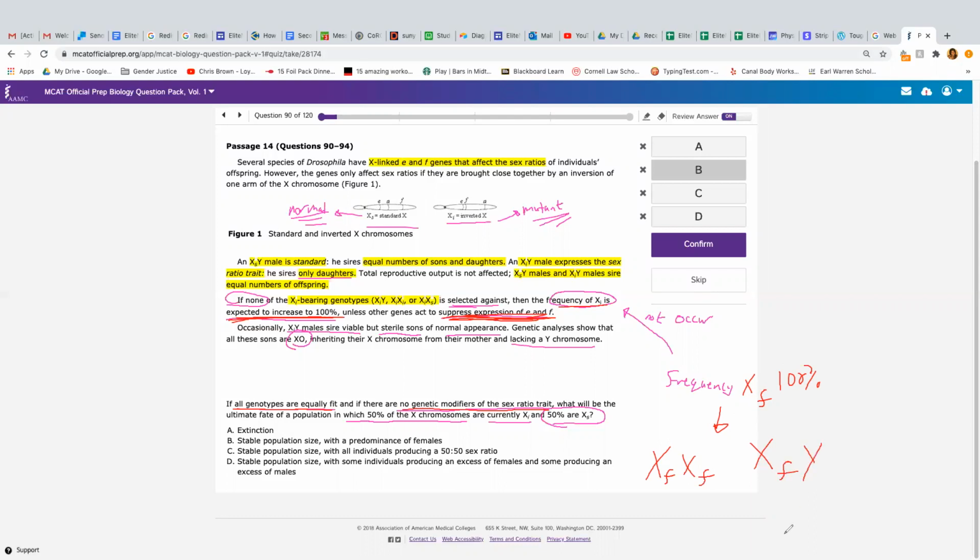Interesting. So let's look at the question, and it's asking us basically what's going to happen to our population stability. So we look here and we say, okay, these females, all their offspring have to have that mutant allele. There's a 100% chance that those females are going to have that mutant allele.